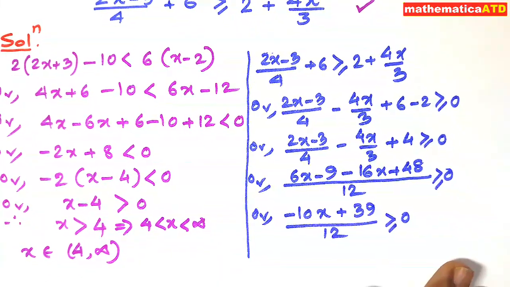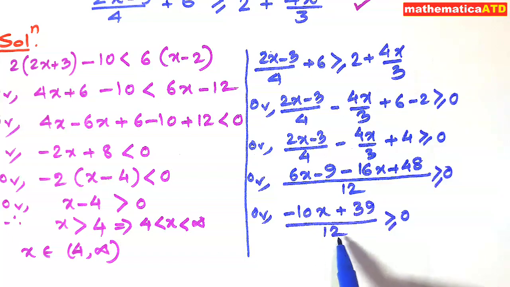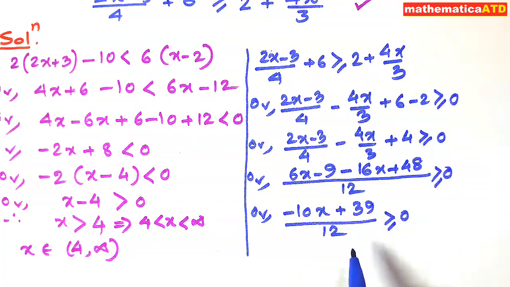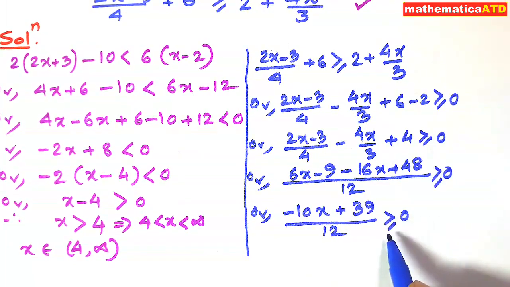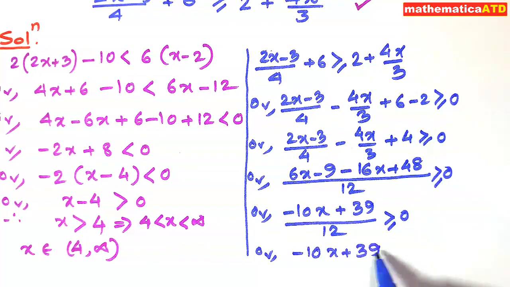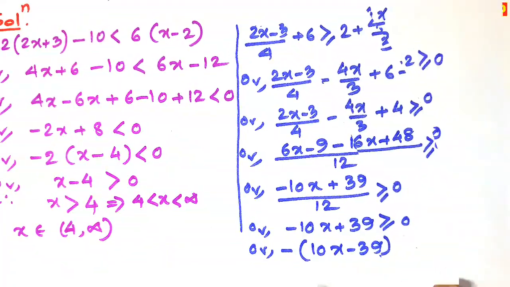Now friends, since in the denominator there is 12, we can multiply both sides of this inequation by 12. So there will be no change in the inequation sign since the number is positive. So negative 10x plus 39 is greater than or equal to 0.